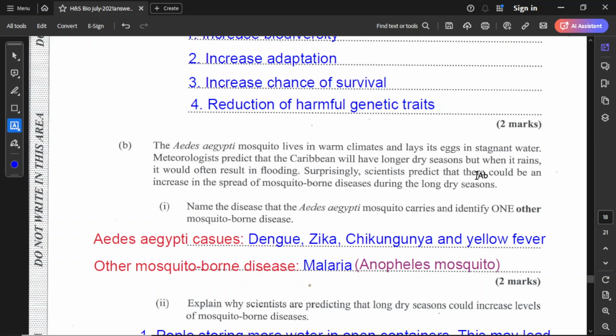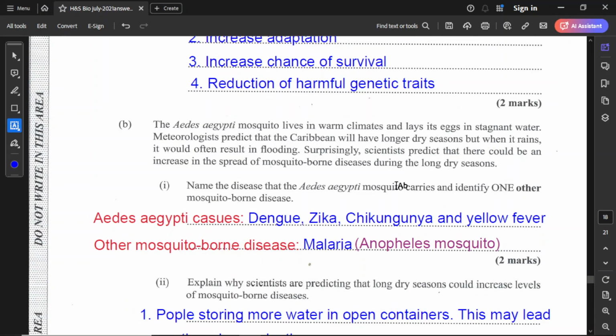Surprisingly, scientists predict that there could be an increase in the spread of mosquito-borne diseases during the long dry season. That must be a surprising prediction, because generally mosquitoes spread disease more in the rainy season, because they need the water to survive, lay eggs, and so on.